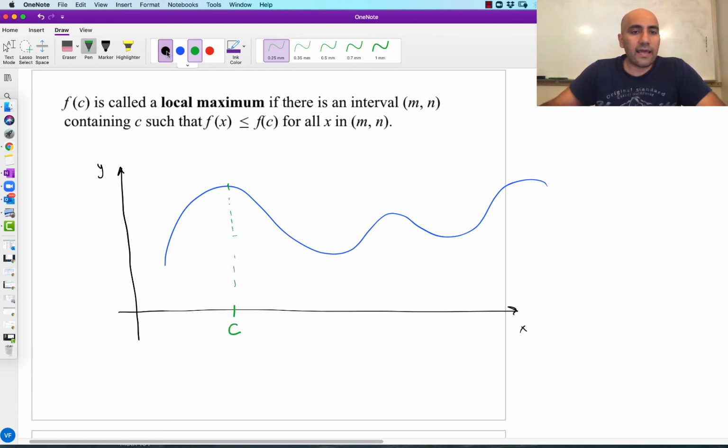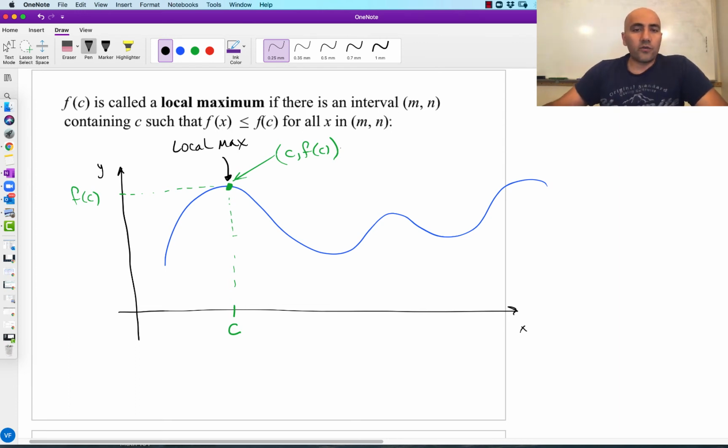So this point translates to some value out here that's going to be f of c. So therefore, this point right there is the point c comma f of c. And so we'd say that this is a local max. Local max at this point.